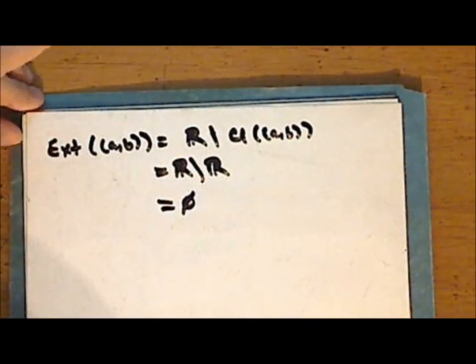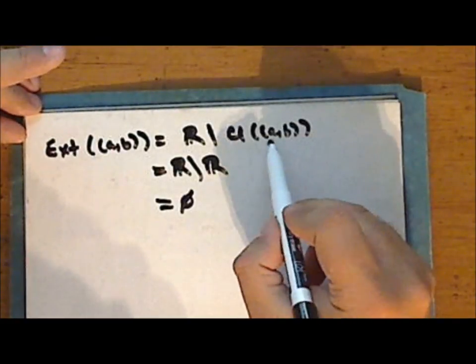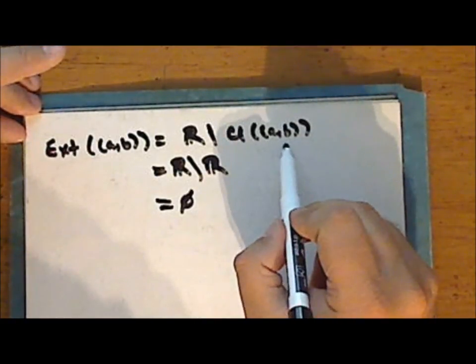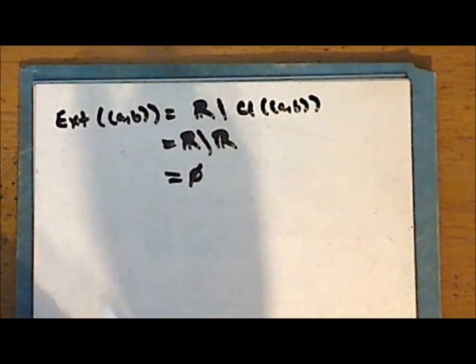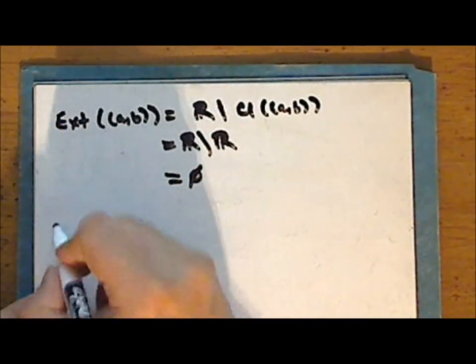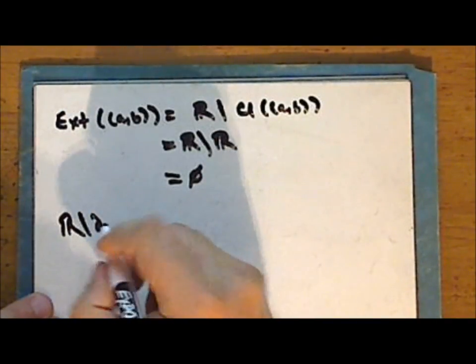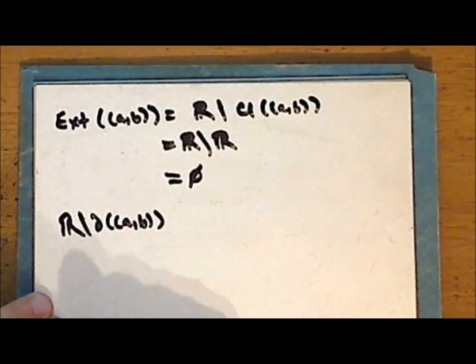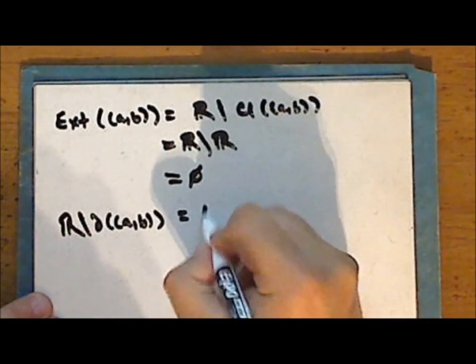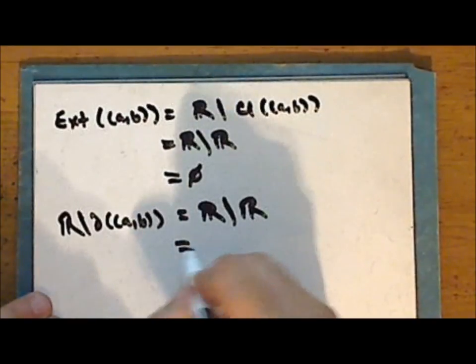So the geometric interpretation of this statement is that the interval from A to B has no exterior in this space. And one more calculation, we'll calculate the complement of the boundary, which is the union of the exterior and interior. This is the complement of the set of reals in itself, which is empty.